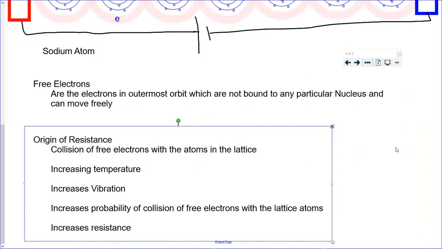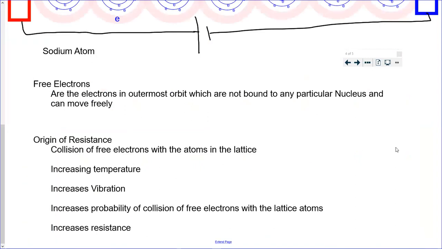If there's any problem with this thing, you can ask. Clear about this part? Okay, that's good.